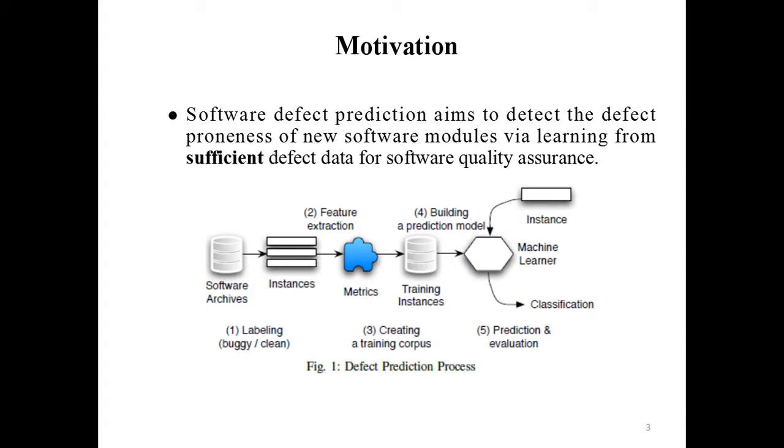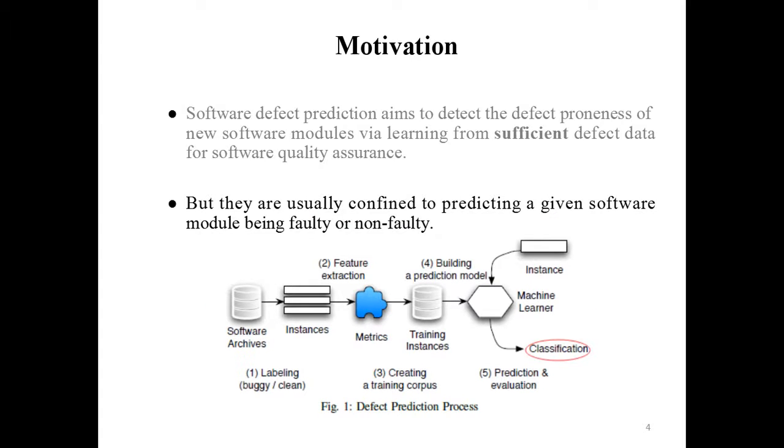Software defect prediction is one of the most important software quality assurance techniques. It aims to detect the defect proneness of new software modules, but it is usually confined to predicting a given software module as faulty or non-faulty by means of binary classification techniques.